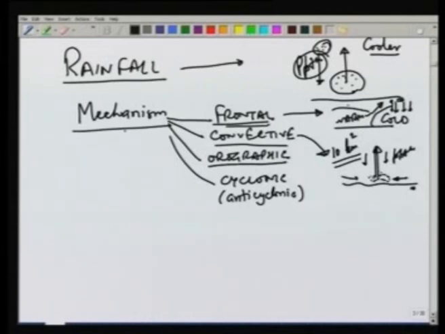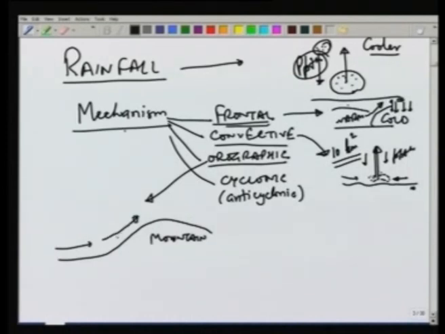Orographic, in this the lifting agency are mountains. So, if the ground surface is like this, there is a mountain here, air coming in here will get lifted because of the presence of the mountains, and as it gets lifted, again it will have condensation and precipitation.